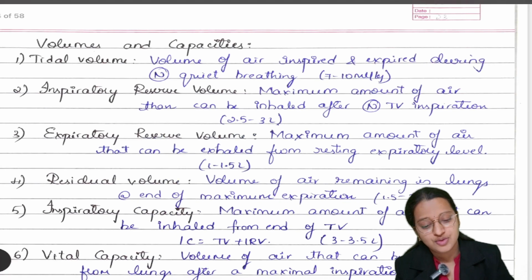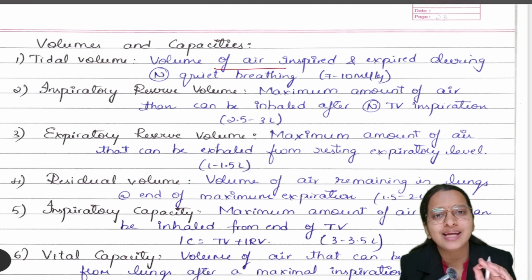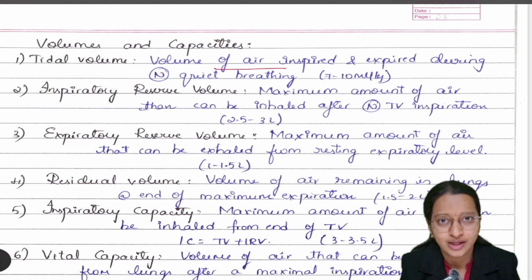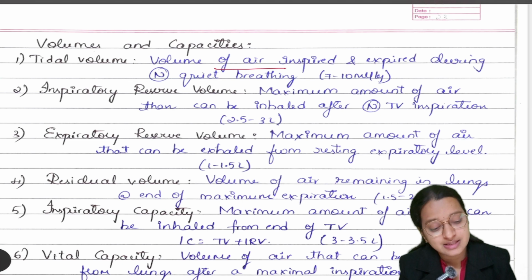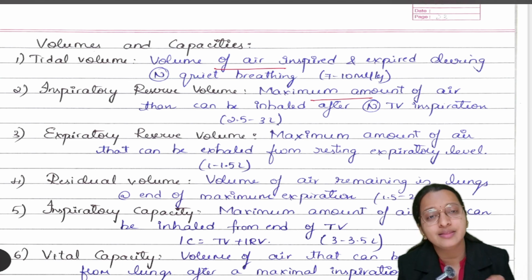So coming to the general terminology about volumes and capacities. First, tidal volume. That is the volume of air inspired or expired during normal quiet breathing. Okay. If the patient is taking more than that, the maximum amount of air that can be inspired after normal tidal volume inspiration is inspiratory reserve volume.